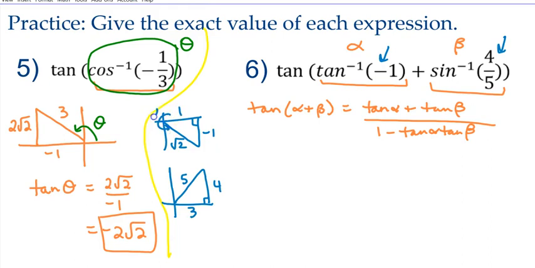So alpha, beta. Okay, so now we need tangent alpha, negative 1, plus tangent beta, 4/3, over 1 minus negative 1 times 4/3. And now it just boils down to accurate simplifying.